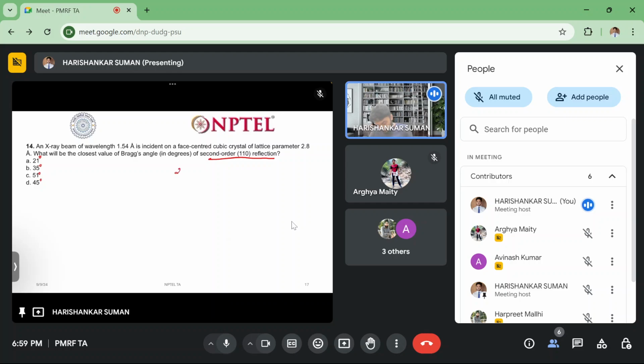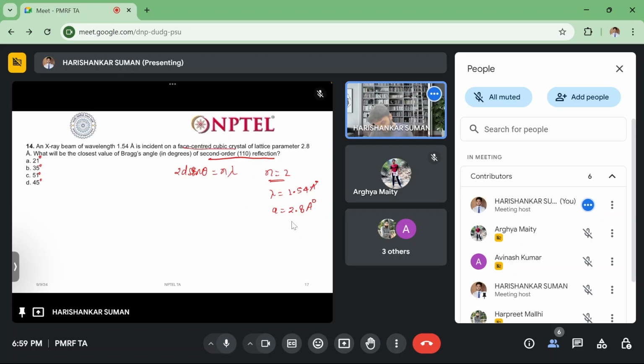So we know 2d sin theta equal to n lambda, and here n is 2, lambda is 1.54 angstrom, and a is 2.8.